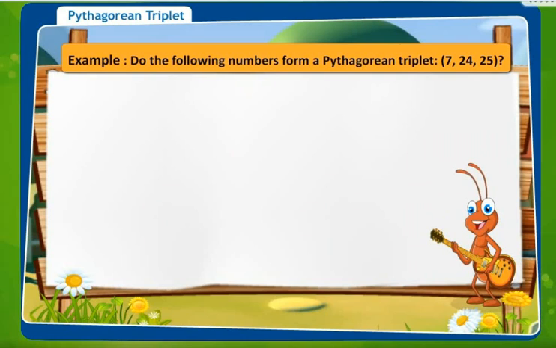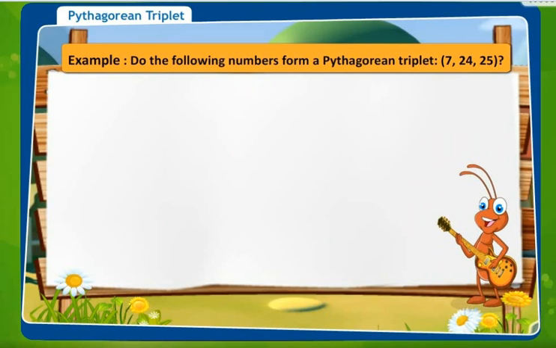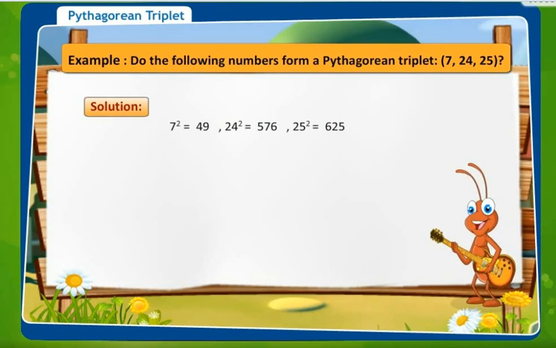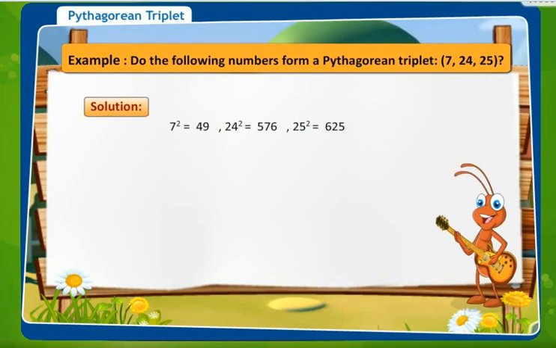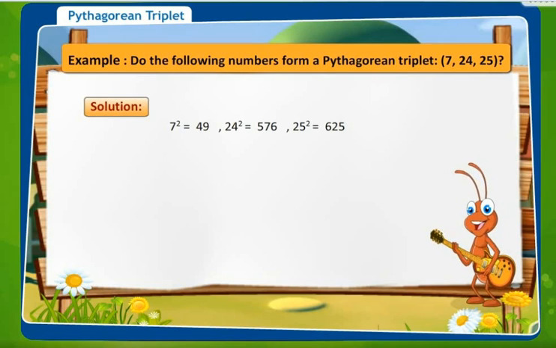Do the following numbers form a Pythagorean triplet: 7, 24, 25. Now 25 is the biggest number. Square of 25 will be 625. 7 square is 49. 24 square is 576. If we add 576 and 49, are we going to get 625?